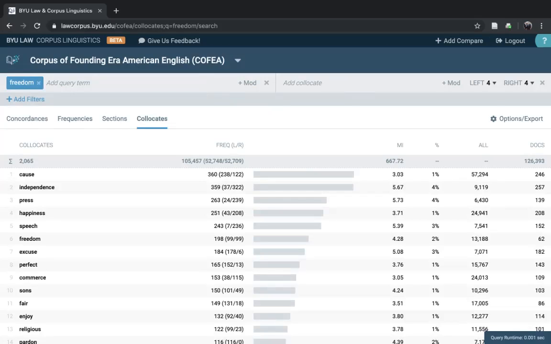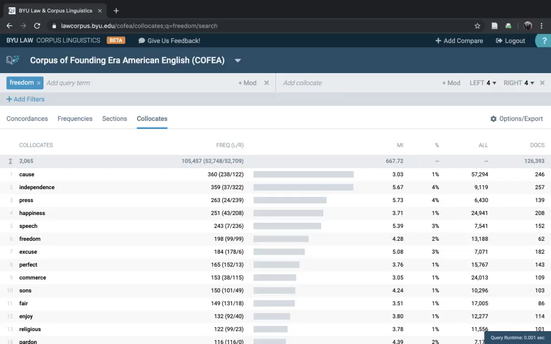Okay. So looking at all these numbers, you'll see that there's a lot of information here. So let's go through each one. Over here, this is showing us the total number of collocates that have at least a mutual information score of 3. Moving to the right, this is the frequency of the given term. So all of the collocates occur a little more than 105,000 times.